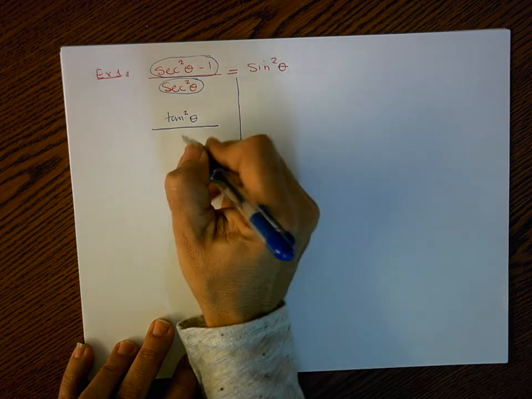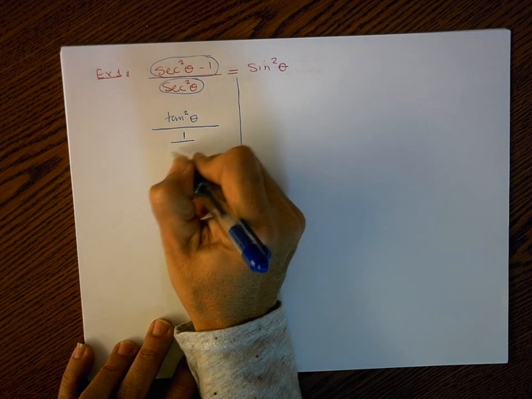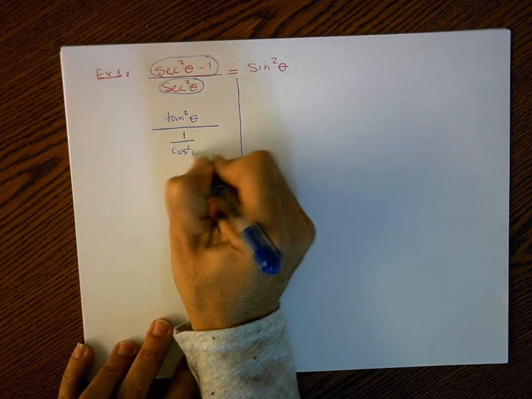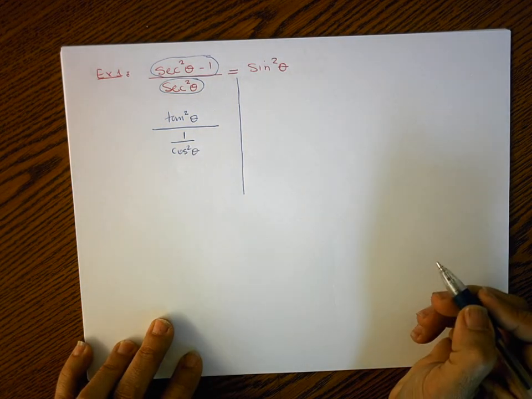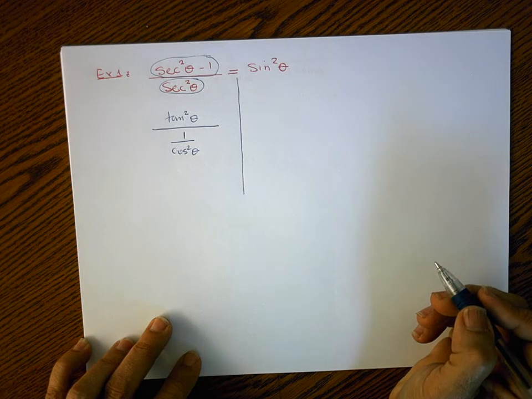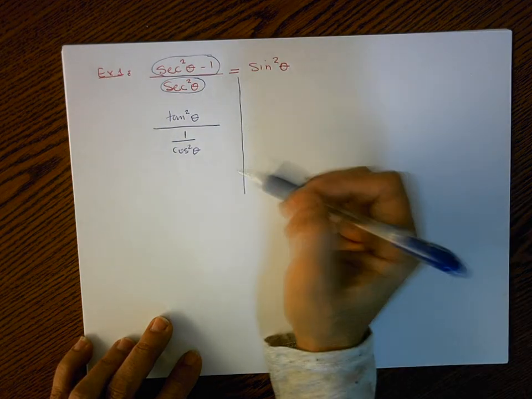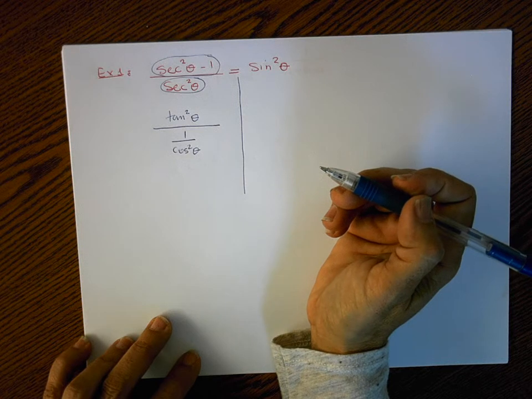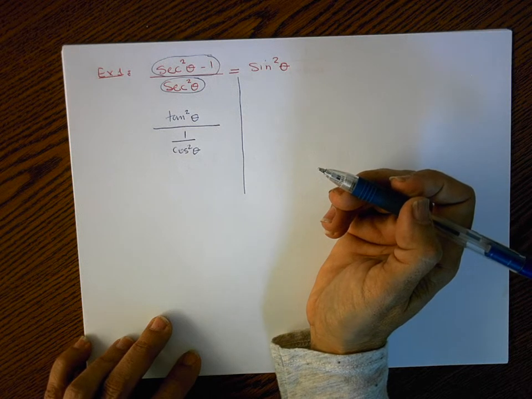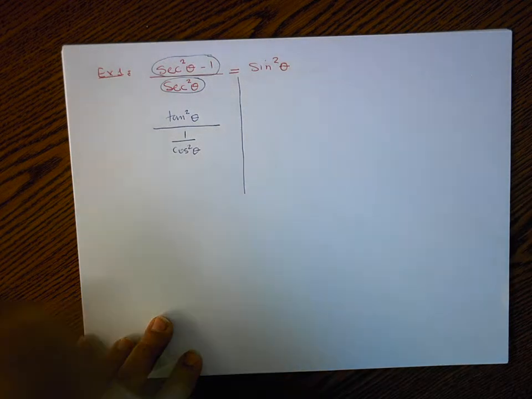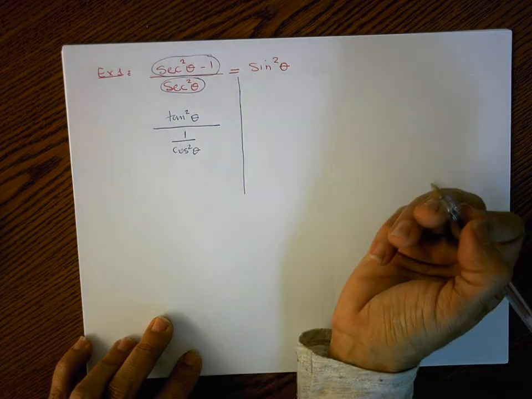So I'm going to substitute that as well. So 1 over cosine square of theta. So there we go. We did 2 substitutions. When we did these 2 substitutions, we created a complex fraction. It's something that we saw in worksheet 0. So I know I can do my famous Kentucky fried chicken here.